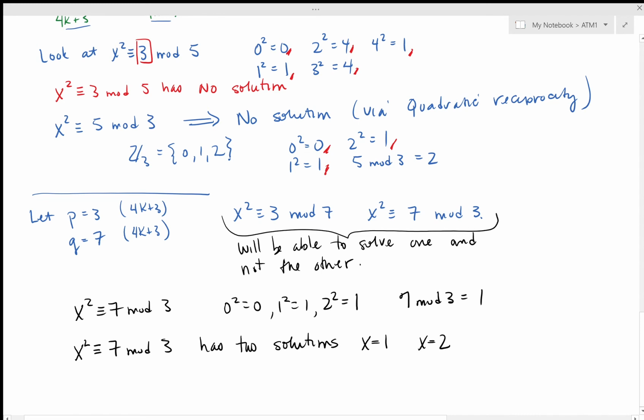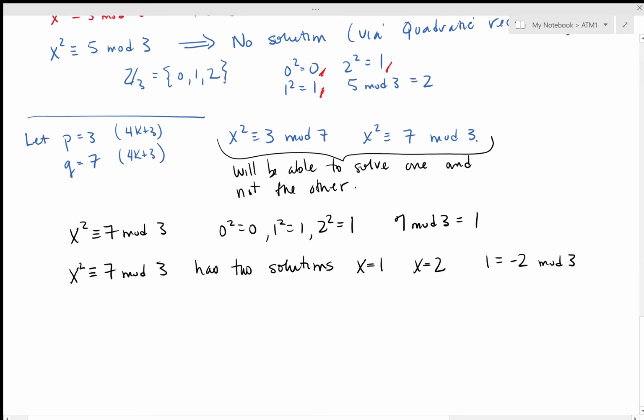And furthermore, those are negatives of one another. For example, 1 is equal to minus 2 mod 3. Okay, that's what we saw when we were proving the Euler criterion in the last lecture. So it has two solutions, and they are negatives of one another.